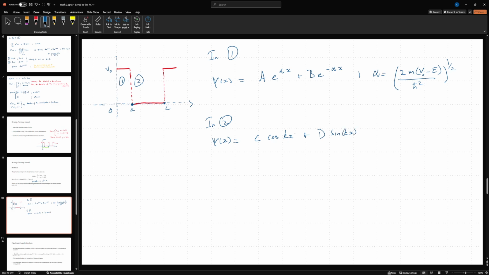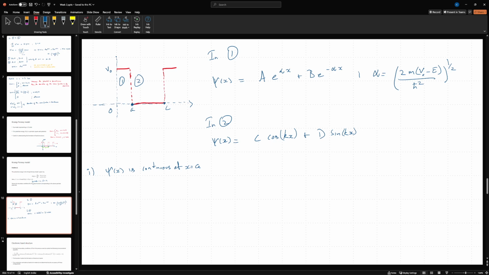So these are the solutions here. First things first, boundary condition number 1 is psi of x is continuous at x equal to a. So that is the first.